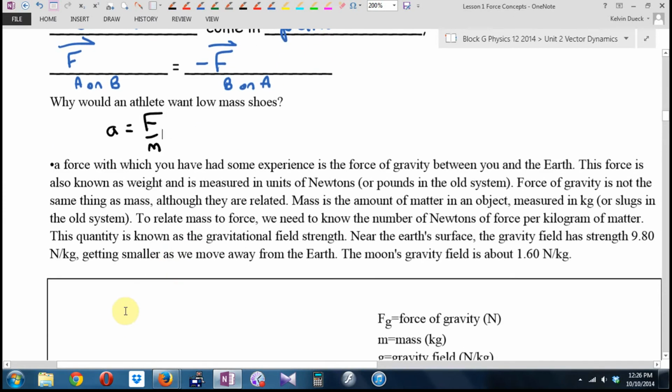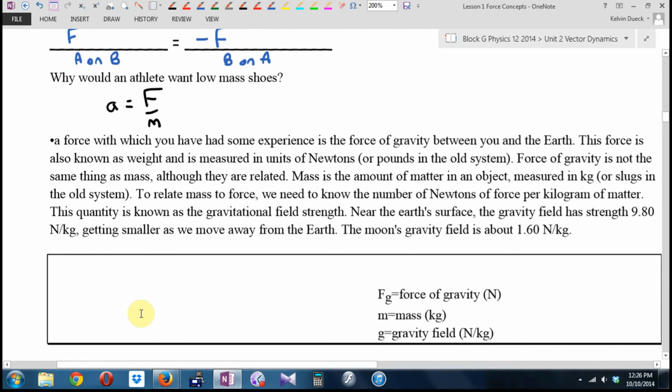A force with which you have had some experience is the force of gravity between you and the Earth. This force is also known as weight, and it's measured in newtons in the SI system, or pounds in the old imperial system. The force of gravity is not the same thing as mass, although they are related.